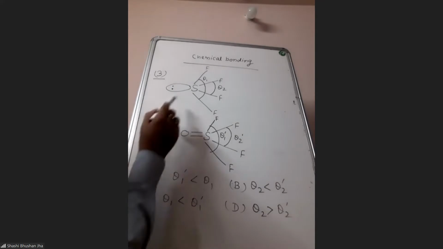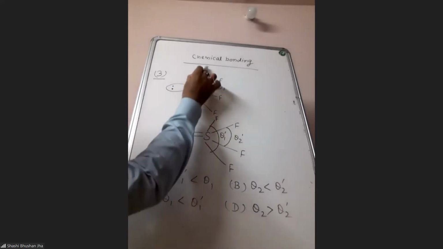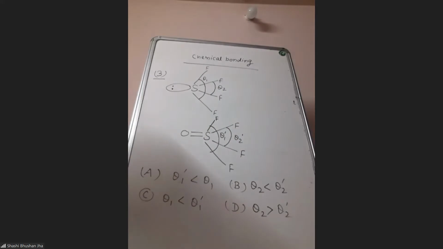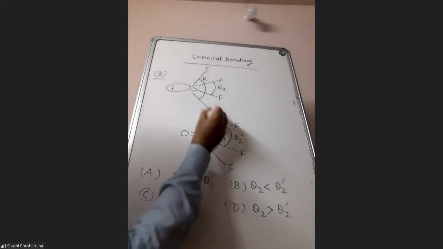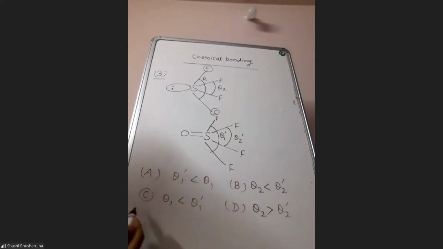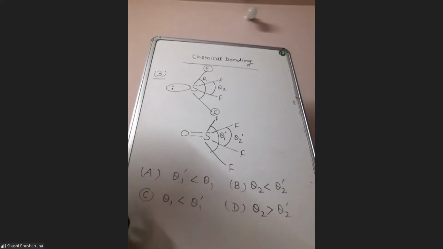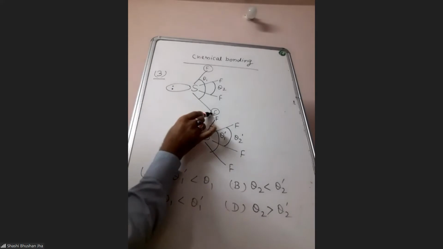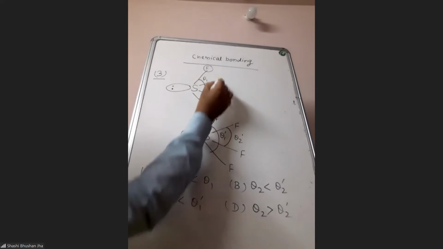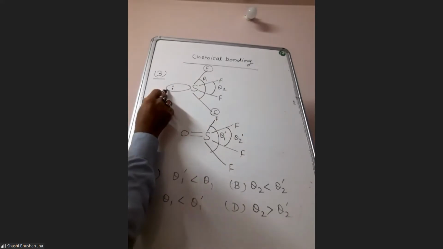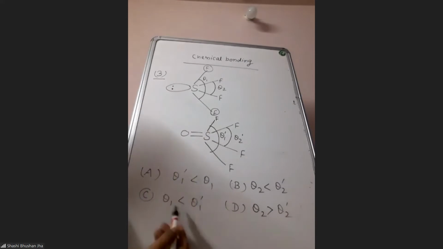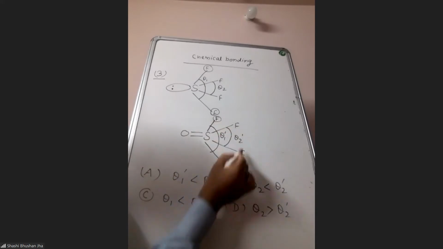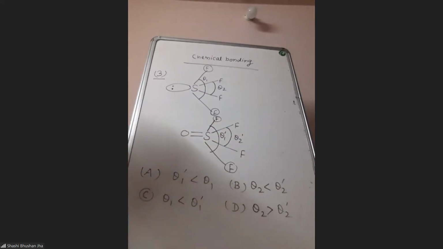So here you see these two fluorine which I have written. At which place these two fluorines are present? Equatorial or axial? Axial. These two are axial. These two fluorine equatorial and this lone pair also equatorial. Here, these two fluorine are at axial position, these two fluorine equatorial, and oxygen is at equatorial position.